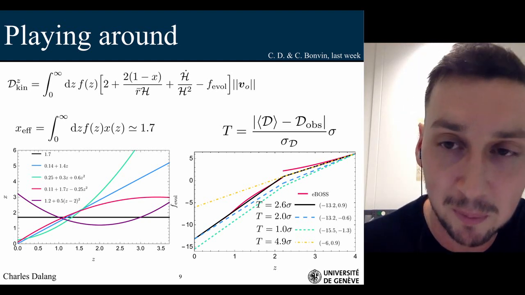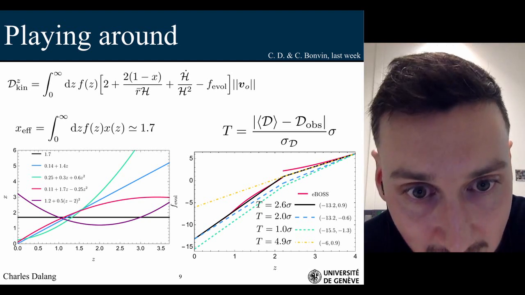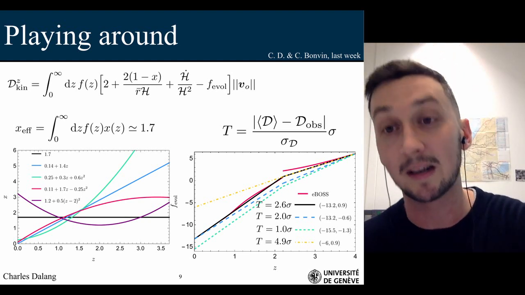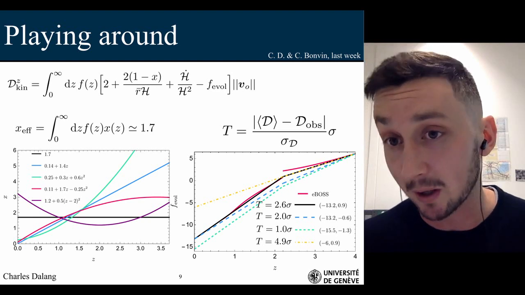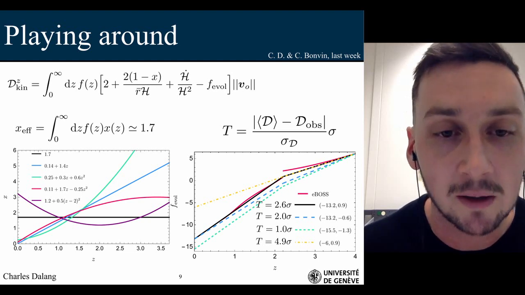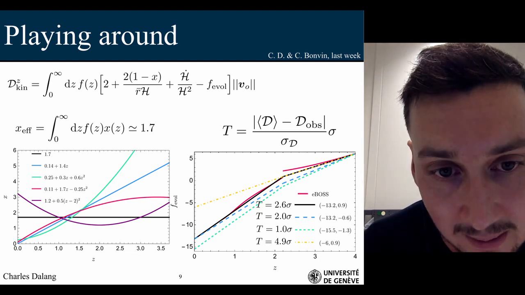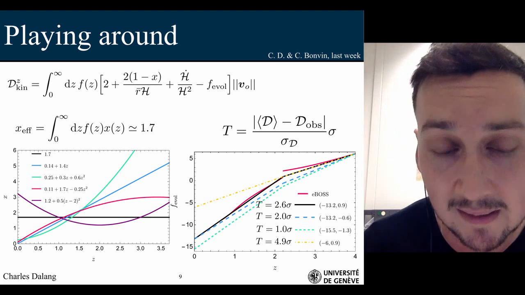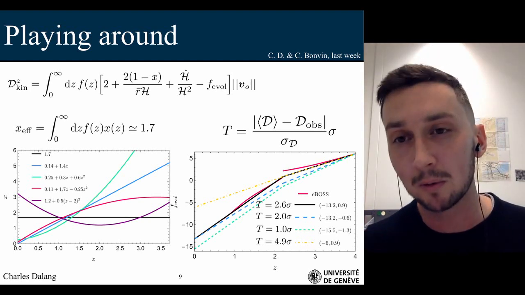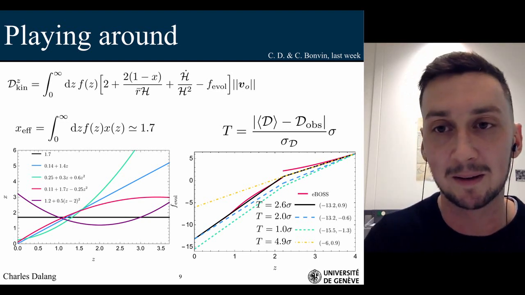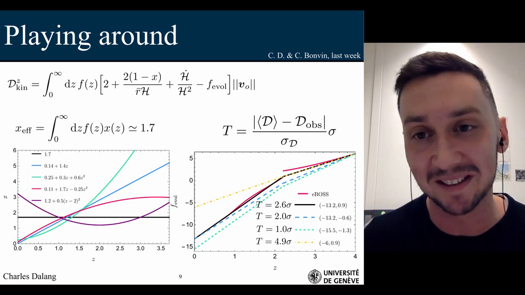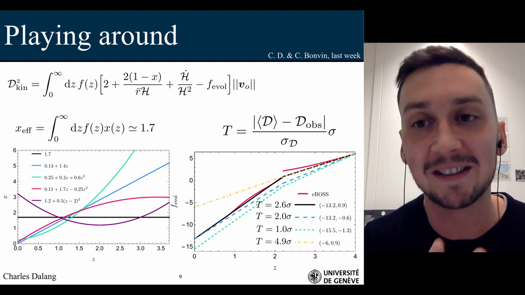To reproduce the 4.9 sigma, you have to get this yellow line, for example. This yellow line here reproduces the 4.9 sigma tension which is observed, which may be the case. It may be. We cannot tell. It's just there's a rough factor of 2 between quasars at redshift 0.6, between the black line and the yellow line. So is it reasonable to expect this factor of 2? Honestly, we cannot tell. You have to go out and measure it and see. But it's just, there's an effect.